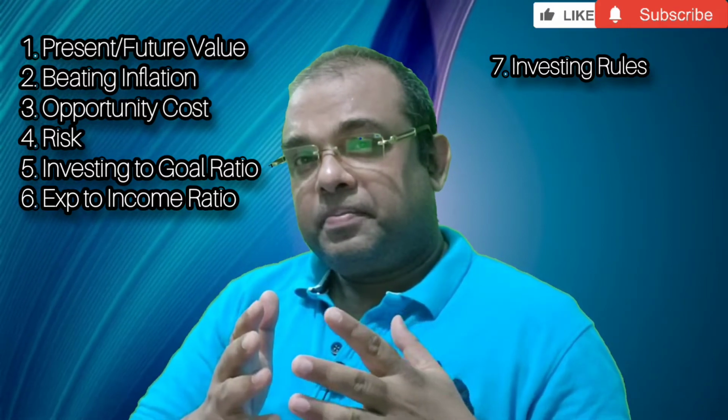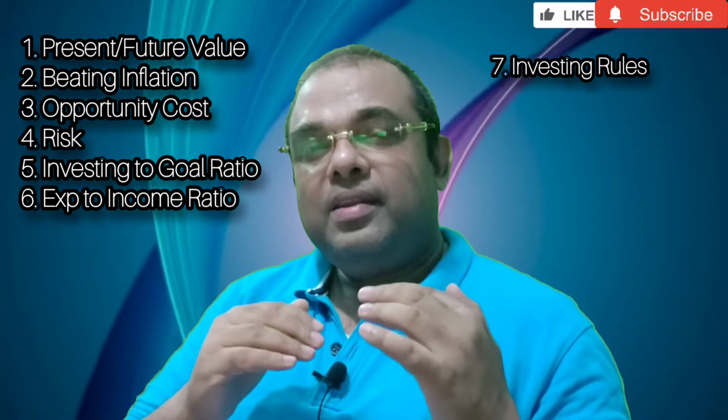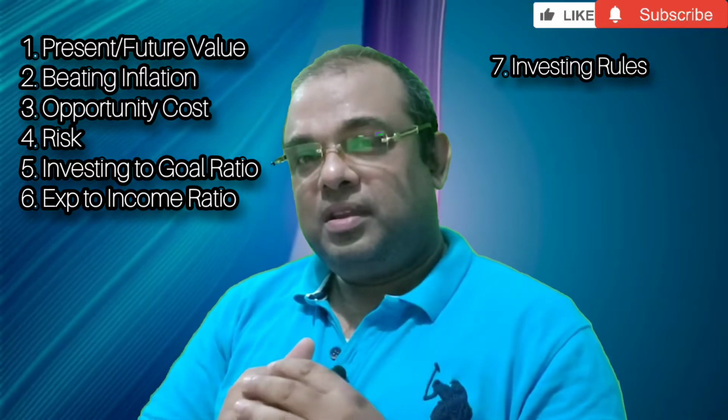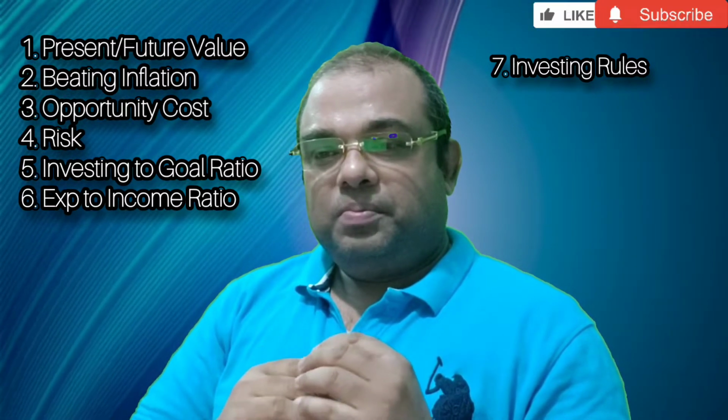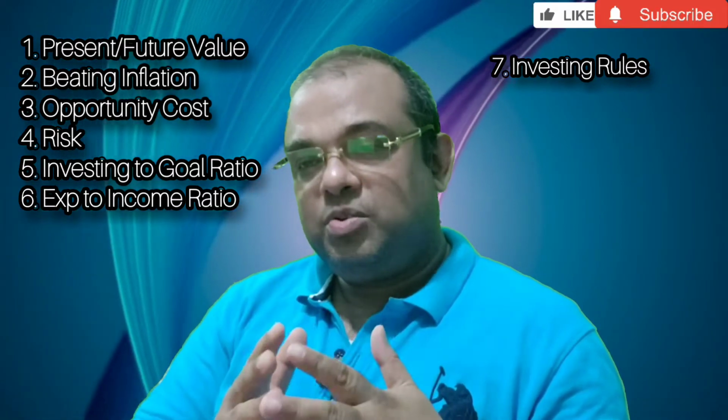If one can follow all those 11 or 12 rules, he might find it very easy to manage his investments and finances well. We'll discuss those 12 rules in a different video, otherwise this is going to be a very long one. So just remember point number 7, follow the investment rules.